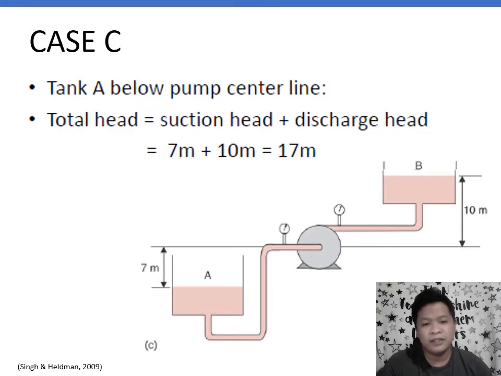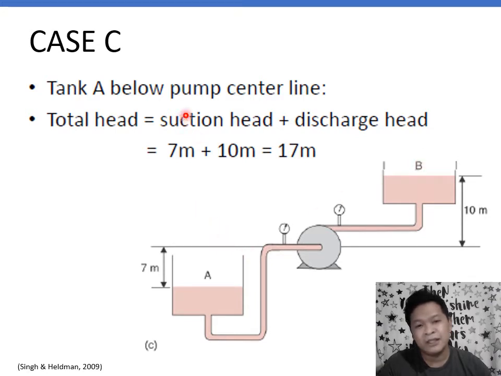So what about a situation wherein the liquid level of the tank is lower than the pump itself? On the suction side, your pump now has to exert effort to draw up the fluid like a straw. So you have a suction head here. Okay. So you have two efforts: you suck it up, and then you push it up.